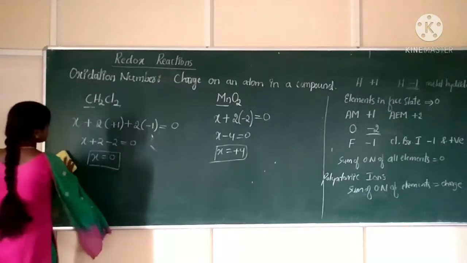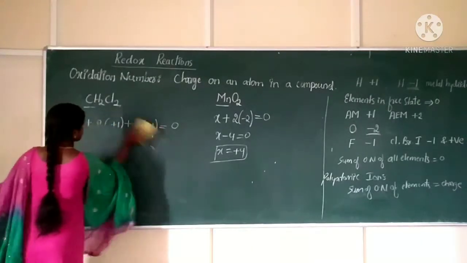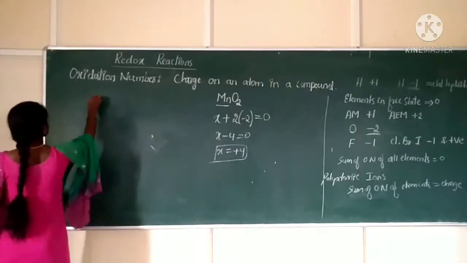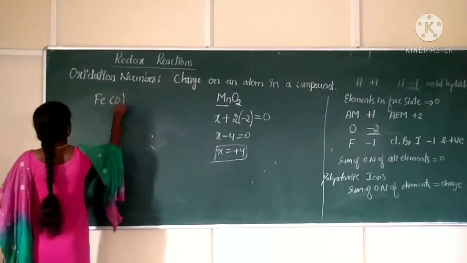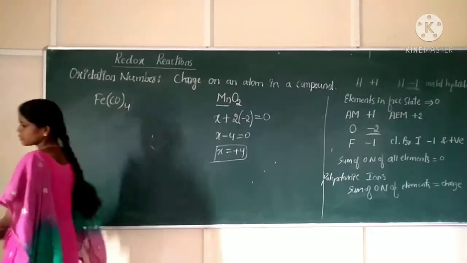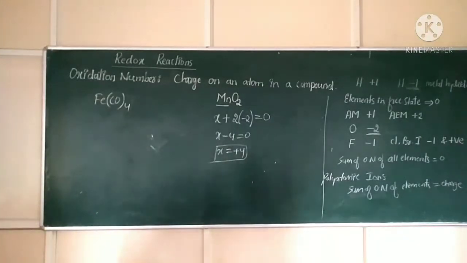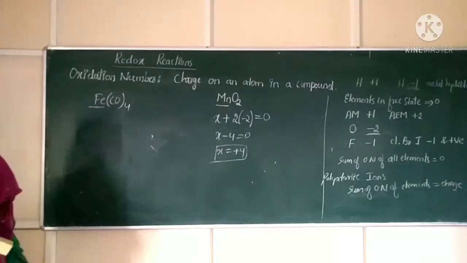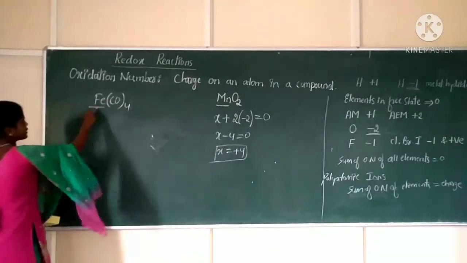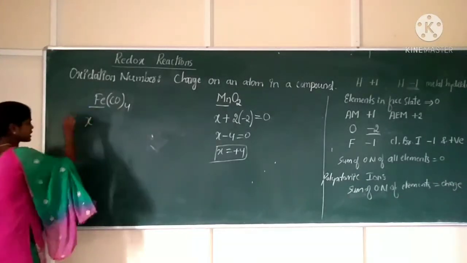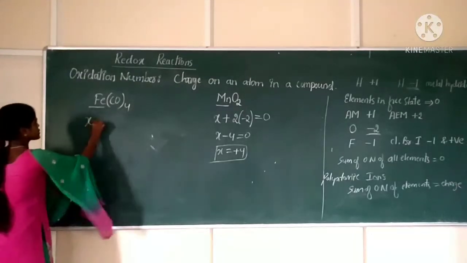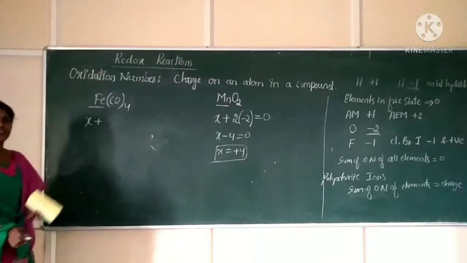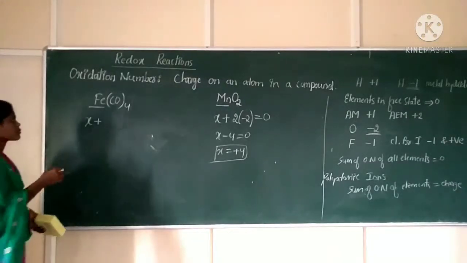Next example, Fe(CO)4. Calculate the oxidation number of Fe. We don't know it, so take it as X, plus 4 CO molecules, 4 carbonyls, or 4 carbon monoxide.